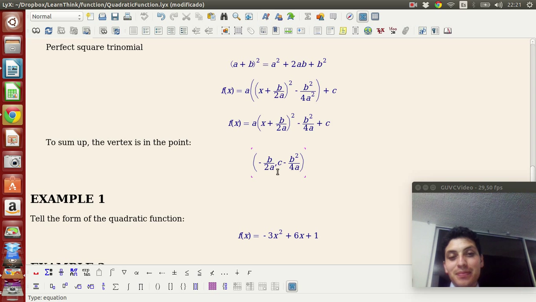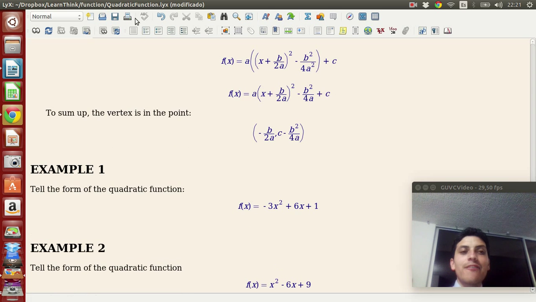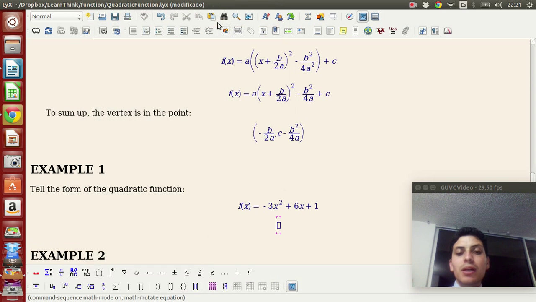Now, we're going to tell the form of quadratic functions using the information that we have seen. We're going to watch some examples. Example number 1. Tell the form of the quadratic function. Okay, first, I want to know which one is a, b, and c. So a is minus 3, b is 6, and c is 1.